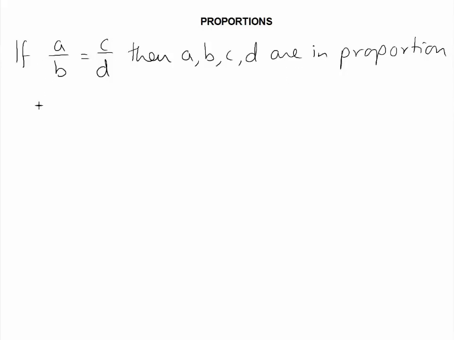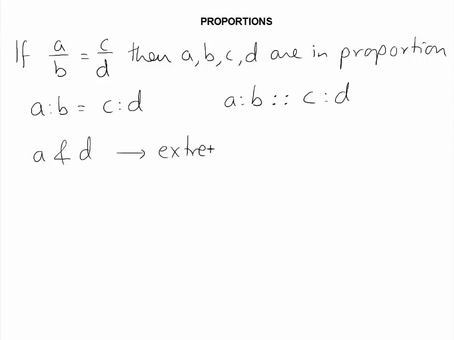This can also be written as A is to B equals C is to D. So this sign here means equality. Now in this, A and D are called extremes, whereas B and C are called means.